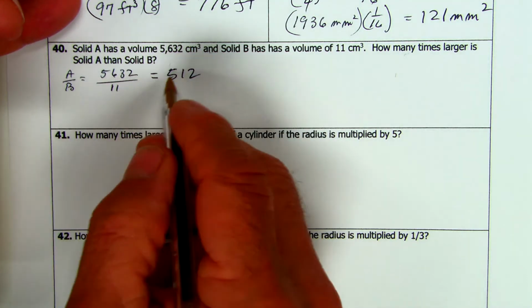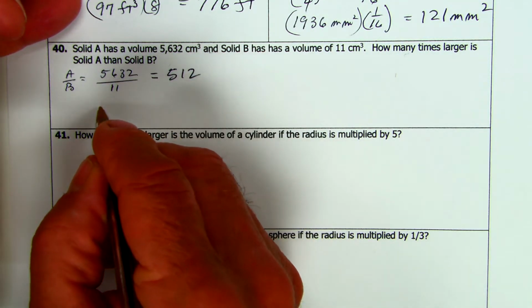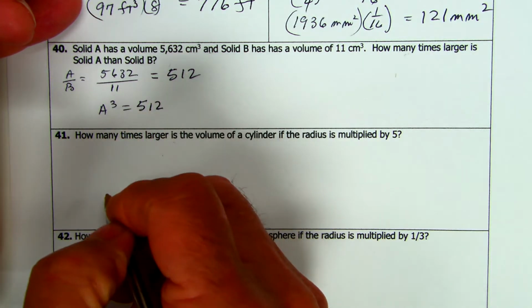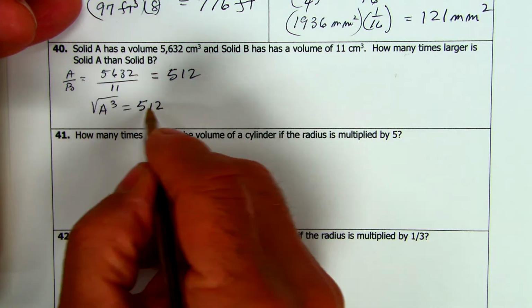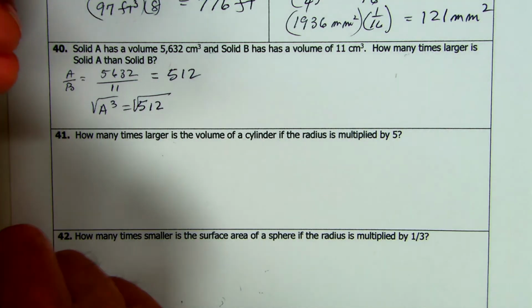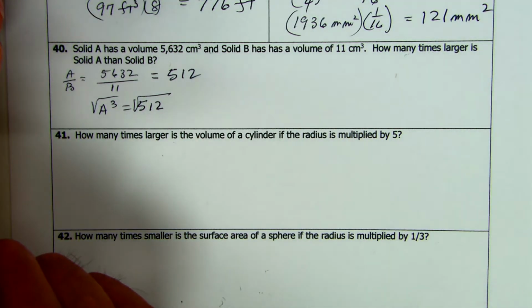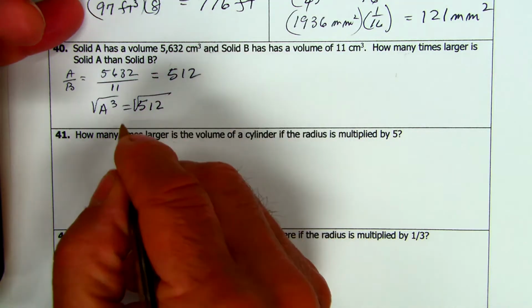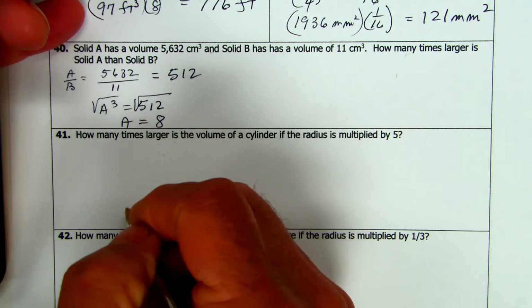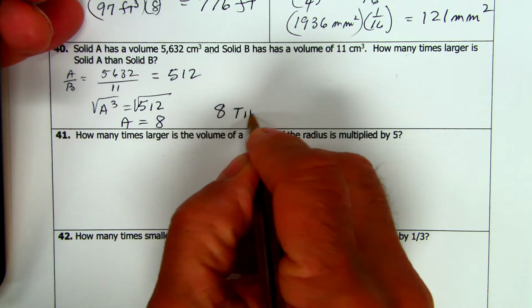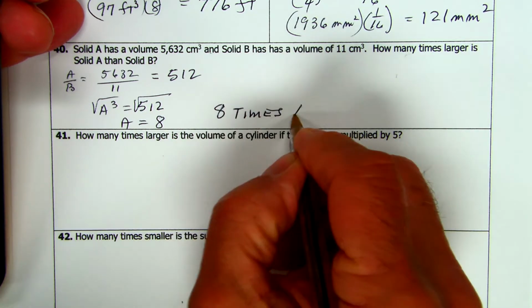Okay, so what we're saying here is that A cubed is equal to 512. So if we take the cube root of both sides, if we take 512 and raise it to the 1/3 power, we get 8. So the answer is 8 times larger.